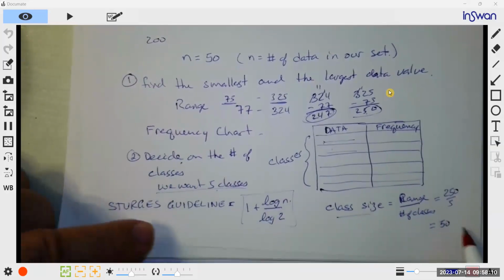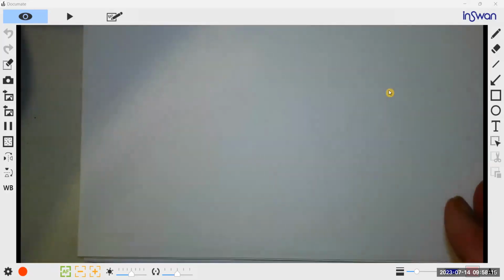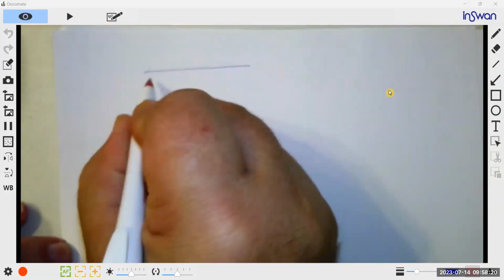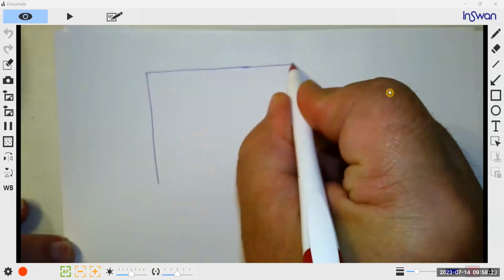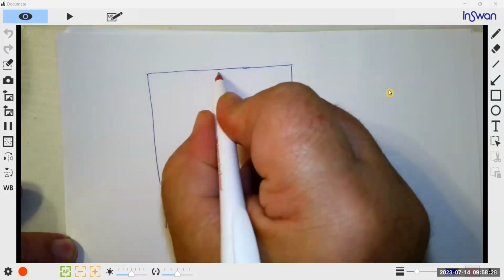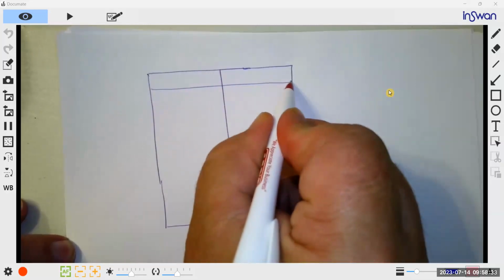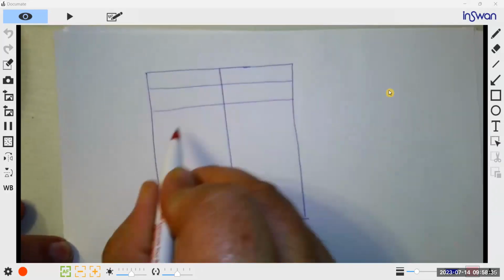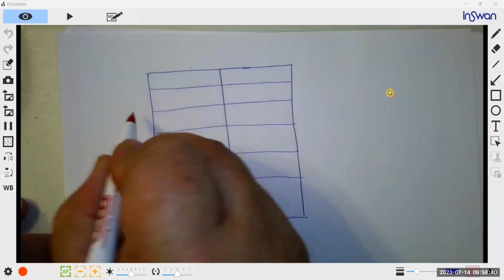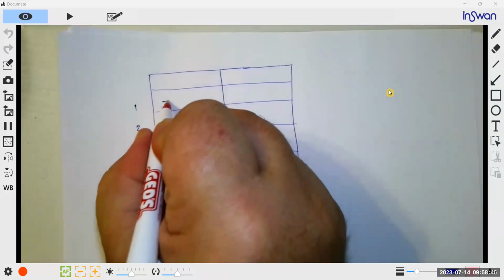Now, the easiest way to do this, let me go on the next page for this one. We want 5 classes: 1, 2, 3, 4, 5. The first one starts at 75.